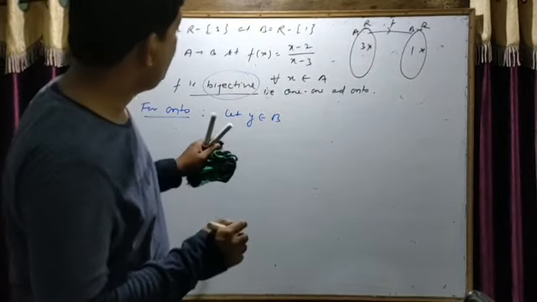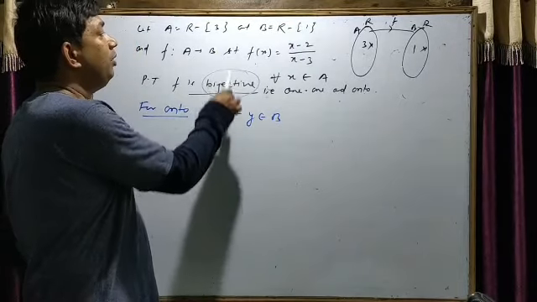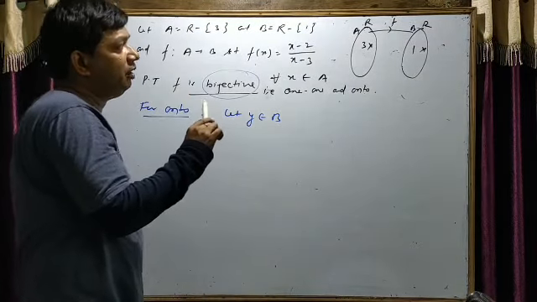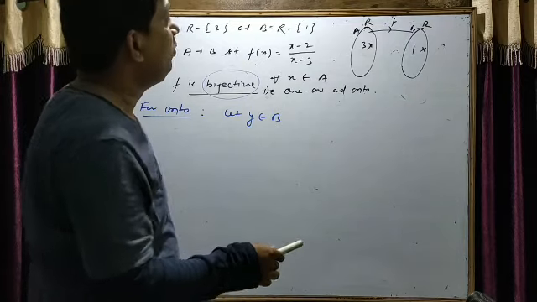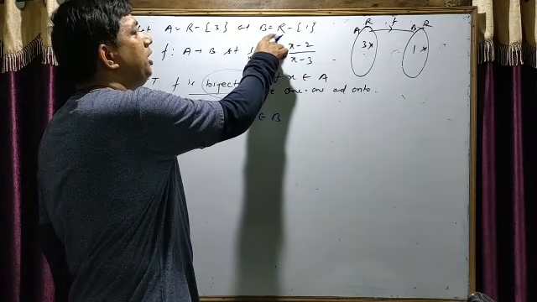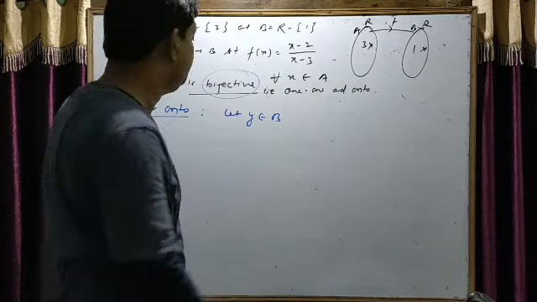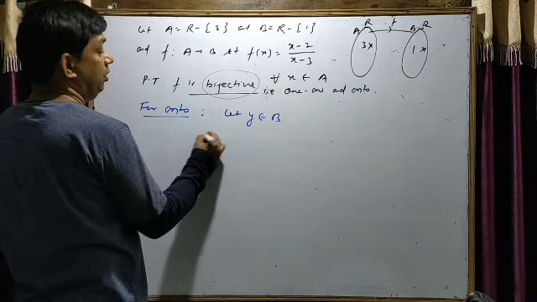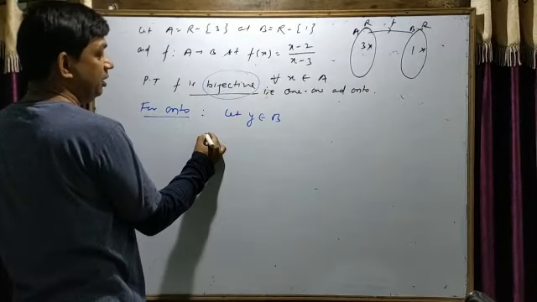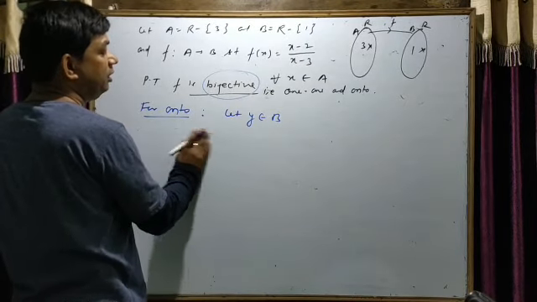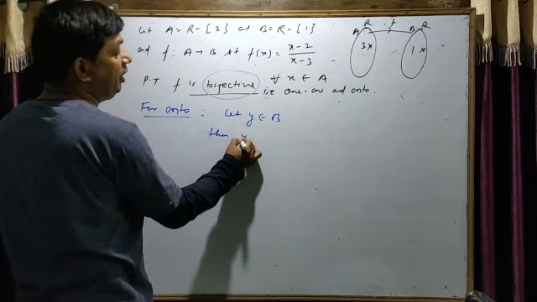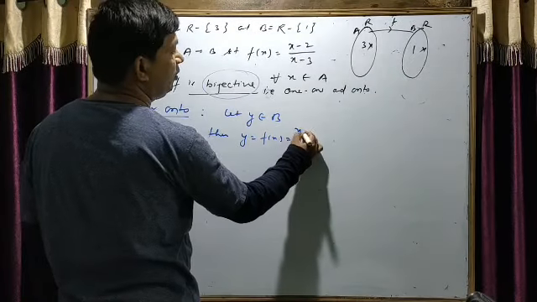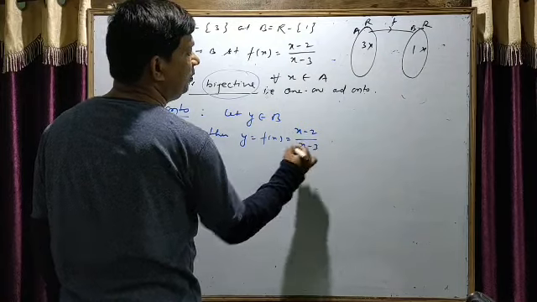For proving 1-1, we have to take two distinct elements from set A. But to prove onto, we take one single arbitrary element from set B. Now y belongs to B, B means codomain. Then y equal to f(x) equal to (x minus 2) by (x minus 3).